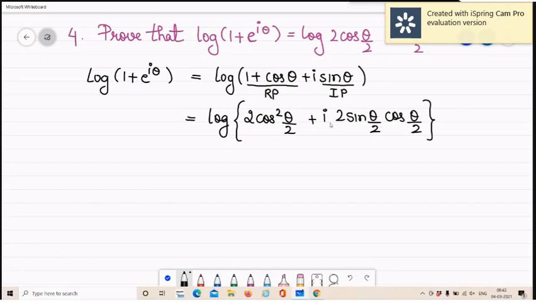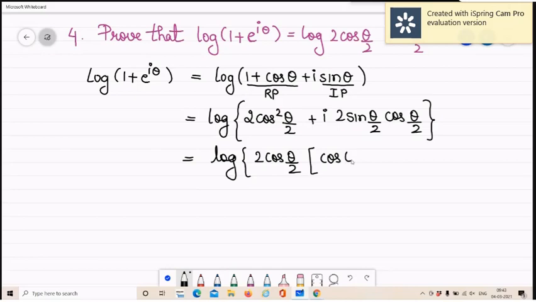I am teaching this in a very simple way where we are not applying any log formula. We are just using properties of log and trying to solve it. What next? I can take 2 cos theta by 2 common.